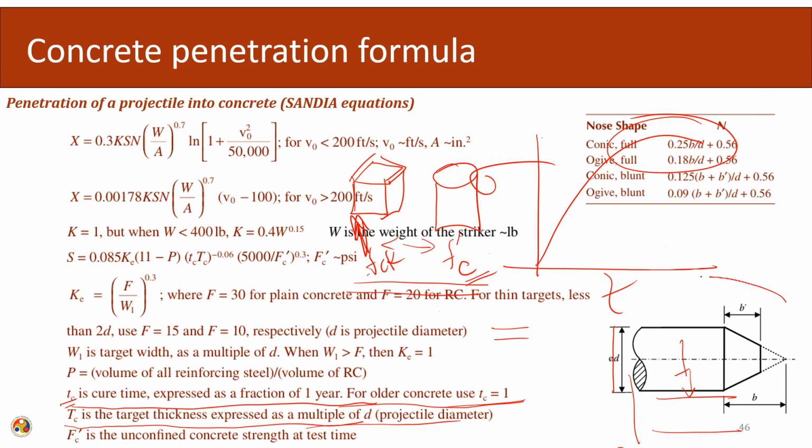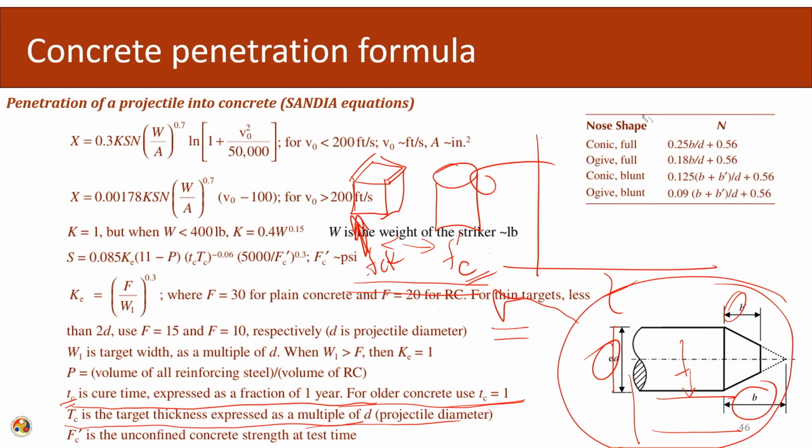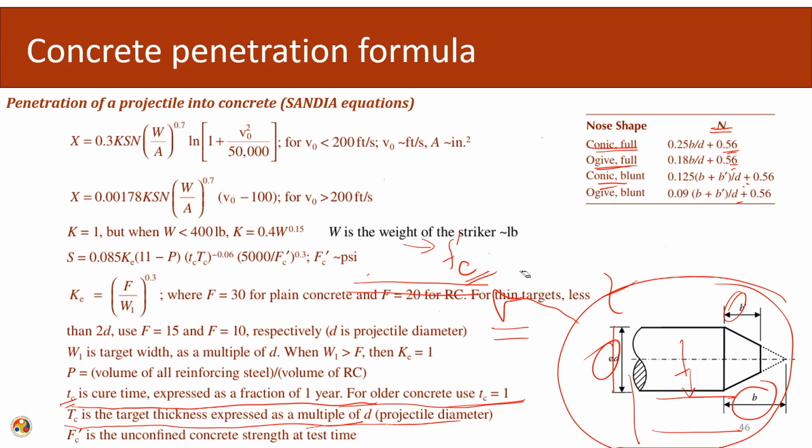And this is the configuration of the projectile. Here D, B prime, B, etc., are all given. Depending upon this, we can use our appropriate equations. For different nose shapes, the corresponding equations for n are also given. This is a tedious process, but since it comes from curve fitting of the experimental data, it gives a more reliable result.